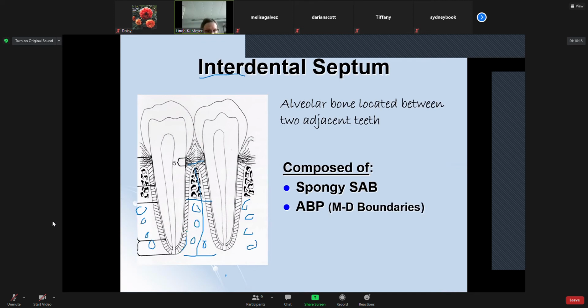So if I just go like this and outline this side of this tooth socket, and then this side of the adjacent tooth socket, that represents the alveolar bone proper. And then what's been cut away, you just have to picture covering all of this is compact bone on the facial, and then behind the slide on the lingual.